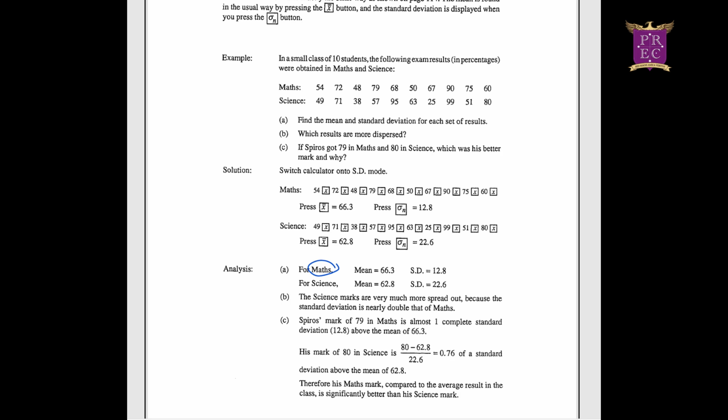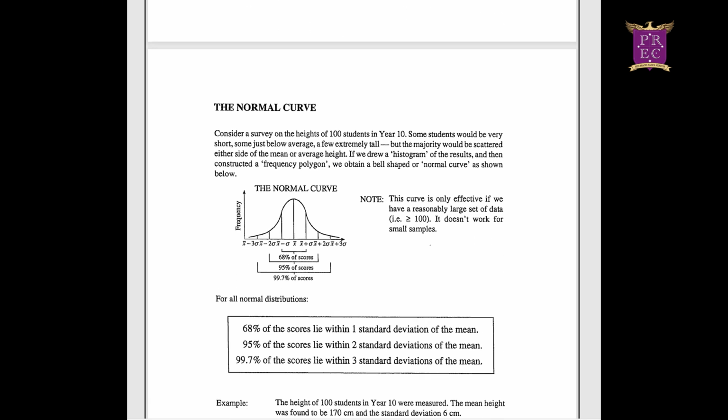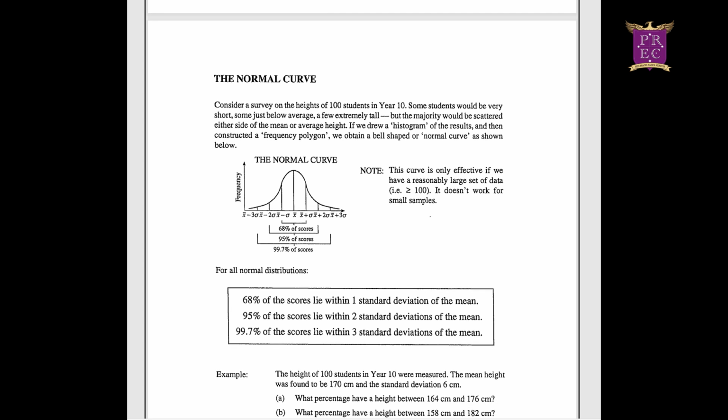Okay? Now, let's look at the normal curve. Normal curve is also known as a bell curve. You might have heard of it. When you're doing exams and stuff like that, especially the selective high school exam, what they do is they collect all scores together and put them in a bell curve.